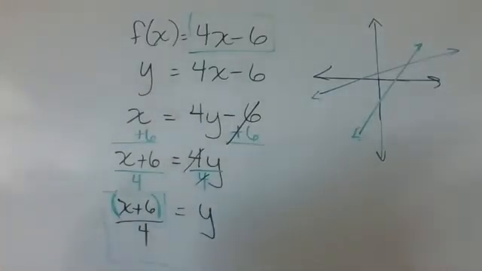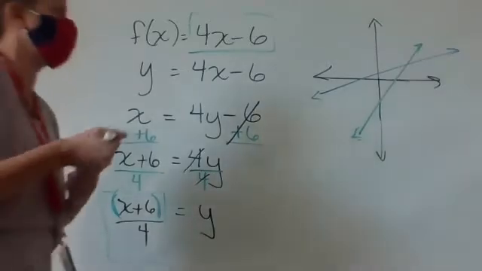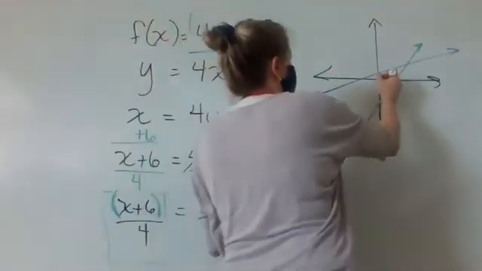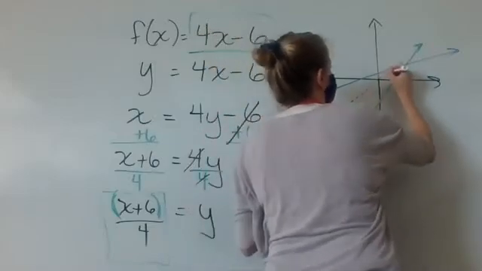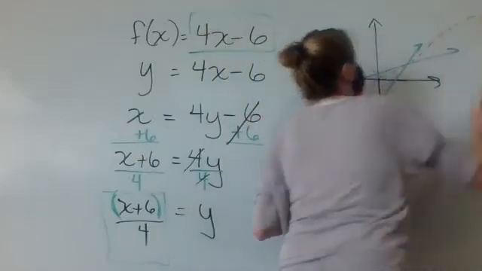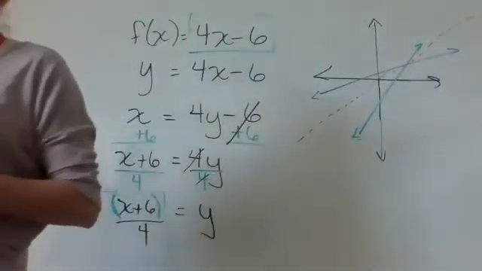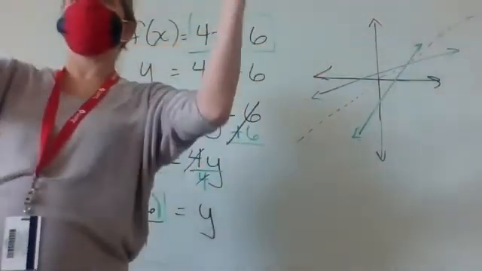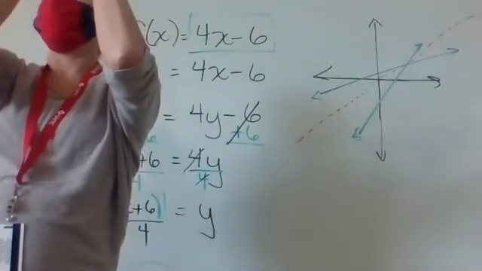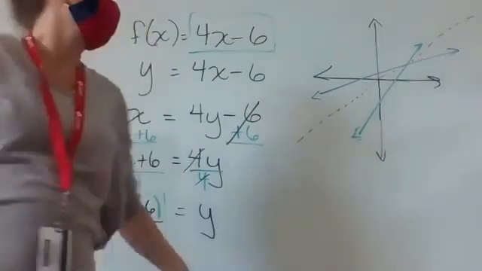What inverses do is they are what is called symmetrical across this. If you drew a line right here, and folded it on that red dotted line, the inverses will lie on top of each other. Okay?